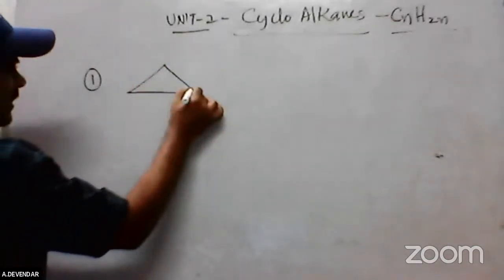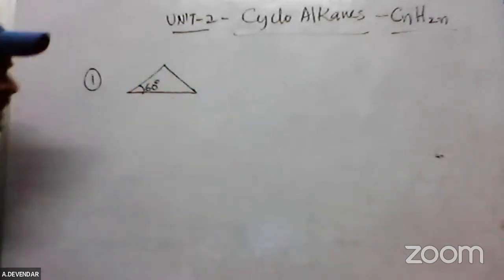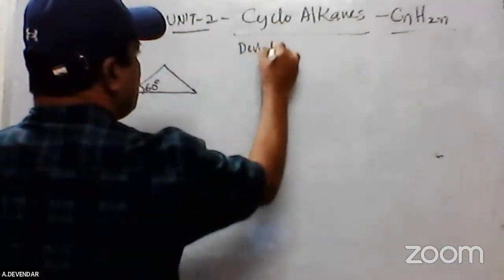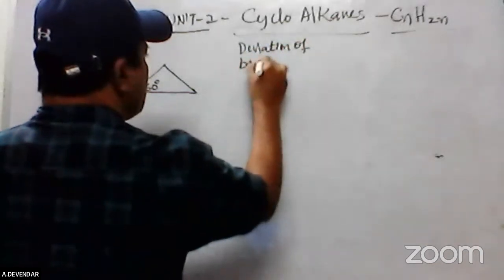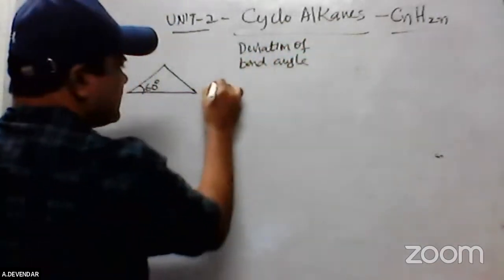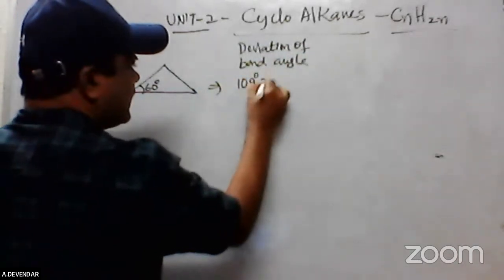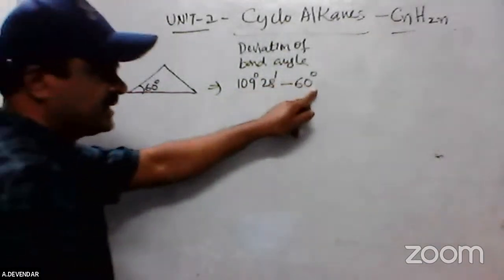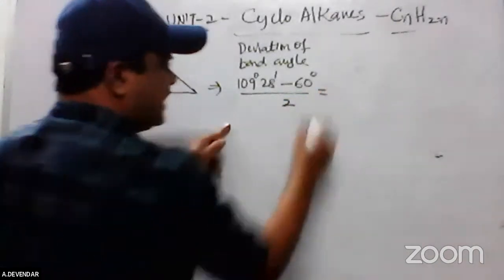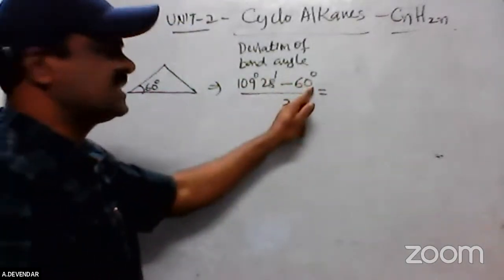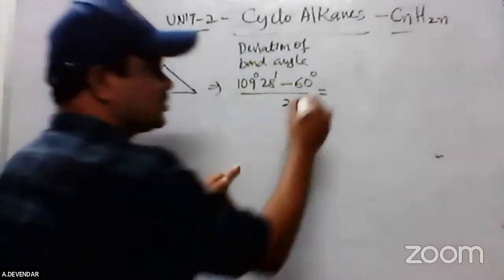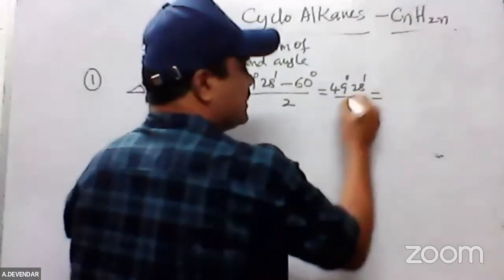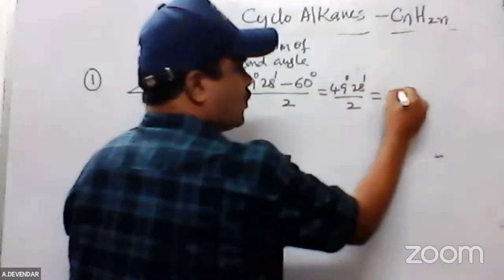This cyclopropane bond angle is 60 degrees, but the bond angle strain, the deviation of the bond angle, is calculated as the normal bond angle 109 degrees 28 minutes minus the actual bond angle, divided by 2. 109 degrees 28 minutes and 60 degrees gives 49 degrees 28 minutes. This 49 degrees 28 minutes difference is divided by 2.